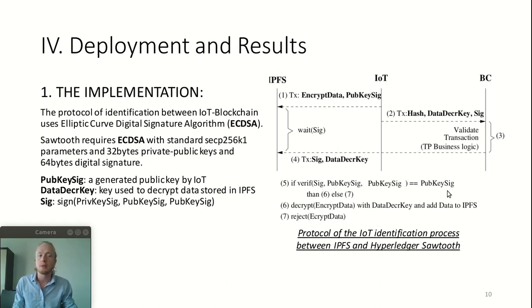If that matches the public key, then it is proven that the data is coming from an IoT, and it will decrypt the data and store it in IPFS. Otherwise, the data will be rejected and deleted from IPFS. That's how we prove the identification of data coming into IPFS with the blockchain and IPFS.